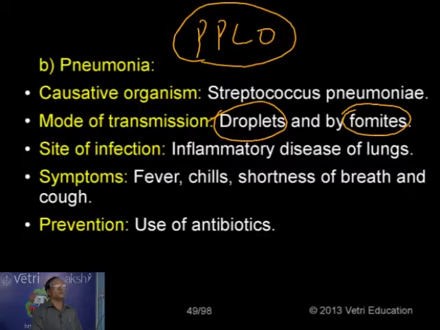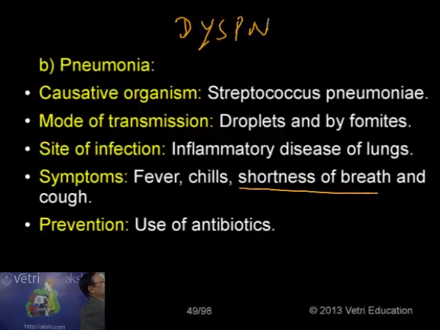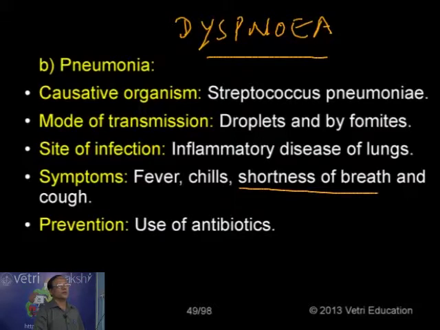Now the symptoms. Pneumonia, the name itself, fever. So we have fever, chills, shortness of breath. The person is unable to breathe normally. Shortness of breath is technically called dyspnea. And also we have sputum, that is phlegm.